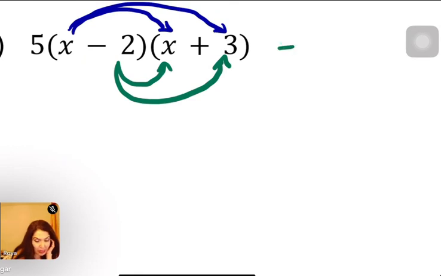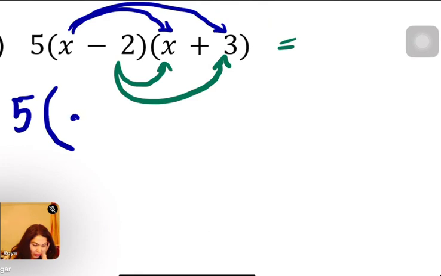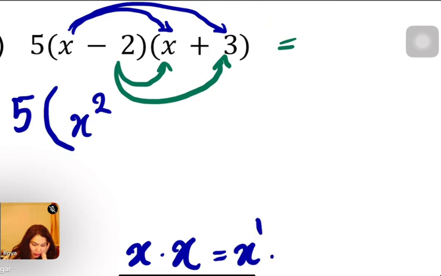So the answer is going to be, we have a 5, we didn't do anything with 5 yet, and one big bracket, and inside the bracket, I go with blue first, x times x is x to the power of 2. We know that x times x equals x to the power of 1 times x to the power of 1 equals x to the power of 1 plus 1 equals x to the power of 2.